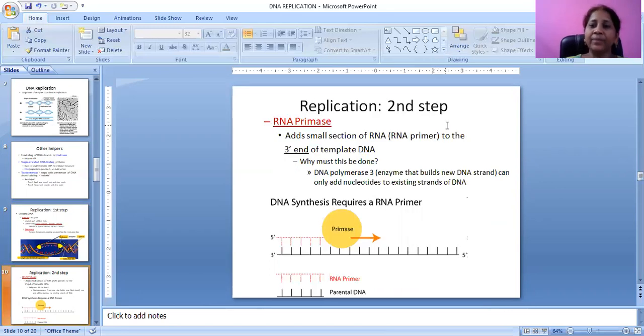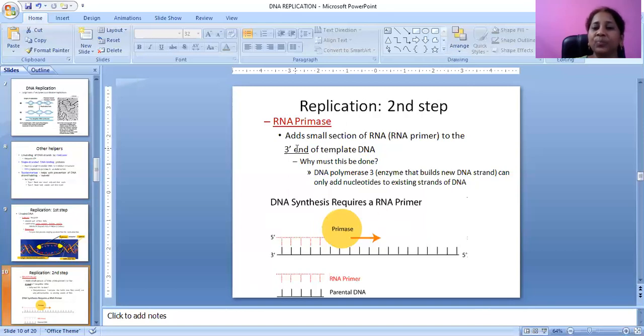The second step of replication is RNA primase. This enzyme adds small sections of RNA, those are RNA primers, to the 3' end of the template DNA. DNA polymerase 3, the enzyme that builds the new DNA strand, can only add nucleotides to the existing strands of DNA.